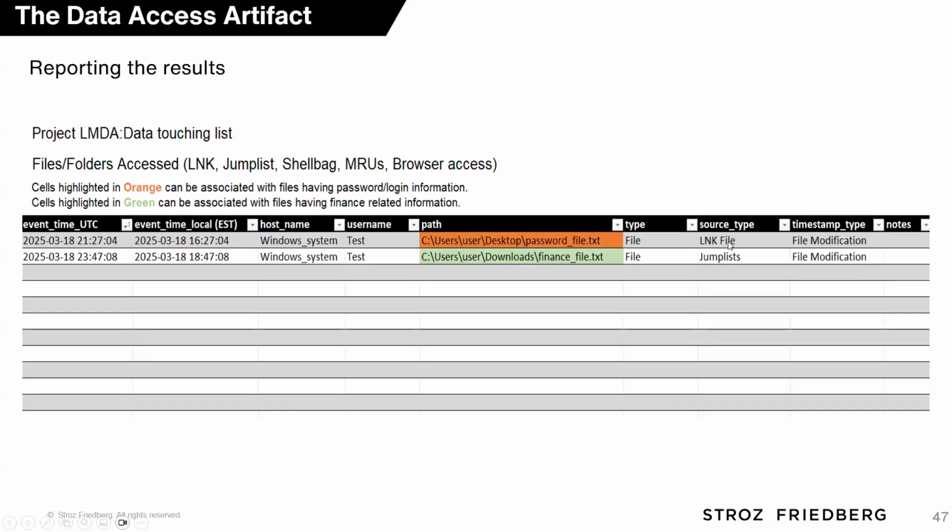An important point I wanted to bring up is that not all the artifacts listed in this Excel report would represent actual time of data access. For example, the event time associated with a link file is the link file modification time itself, so that does represent an accurate or exact time of data access.